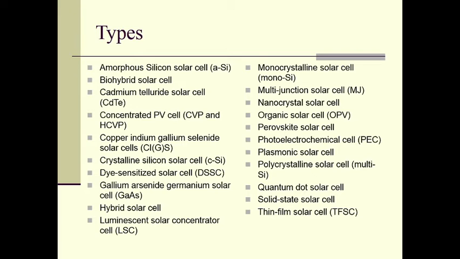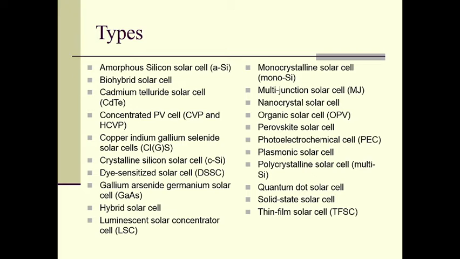So we have different types of solar cells. One is the amorphous silicon solar cell or ASI. We have biohybrid solar cells, cadmium telluride solar cells, CDTE, concentrated PV cells, copper indium gallium selenide solar cells, crystalline silicon solar cells, dye-sensitized solar cells, gallium arsenide germanium solar cells.